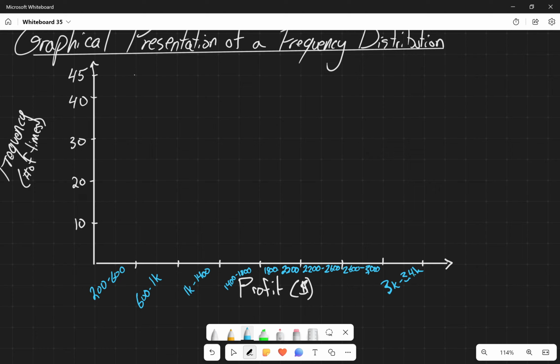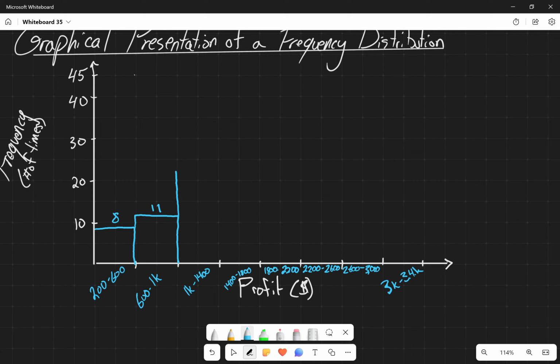Okay. So, in the first part of chapter 2, we find that we have 8 instances where the profit is between $200 and $600. We have 11 instances in the next bracket.